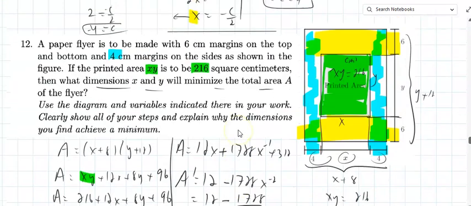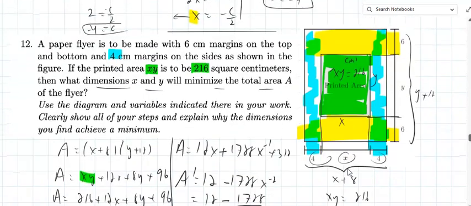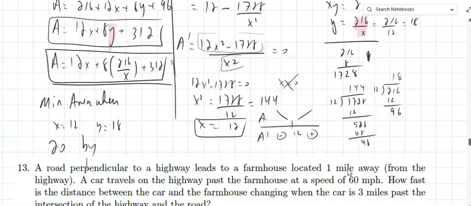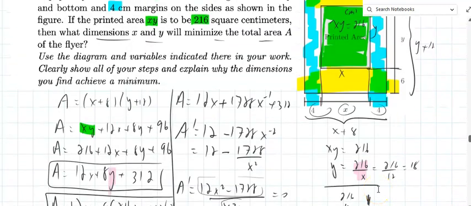If you're going for total area, 12 plus 4 plus 4, 12 plus 8, 20, by 18 plus 12 is 30. And what are the units? Centimeters.